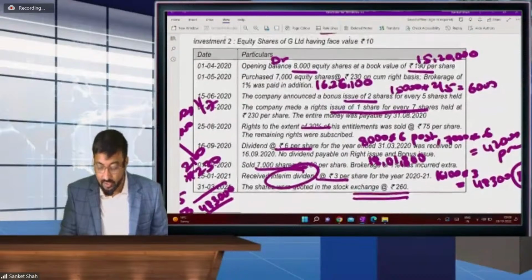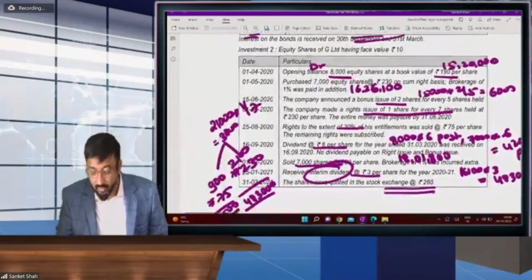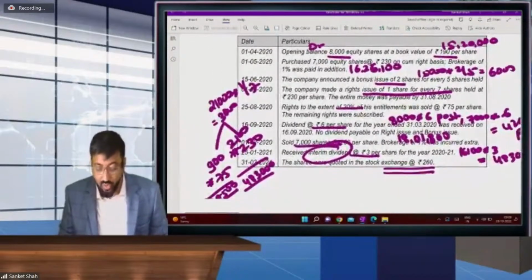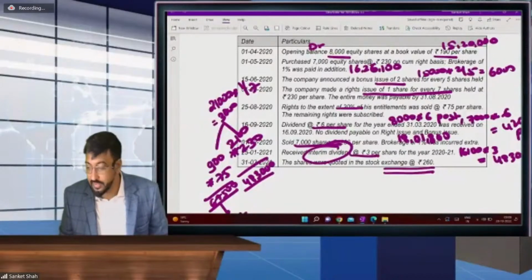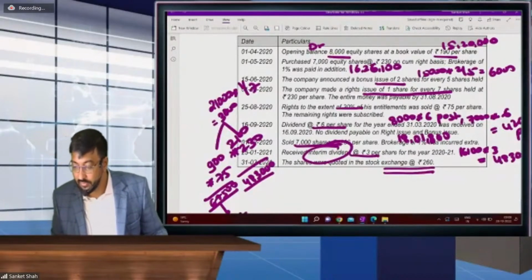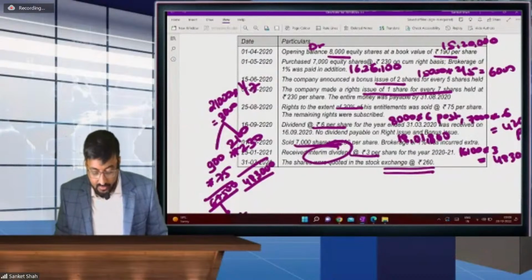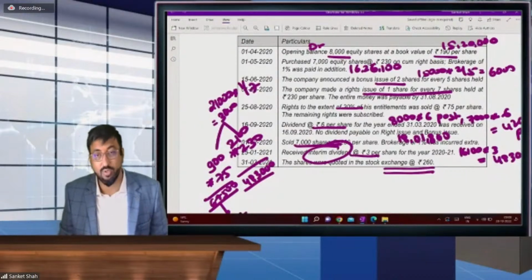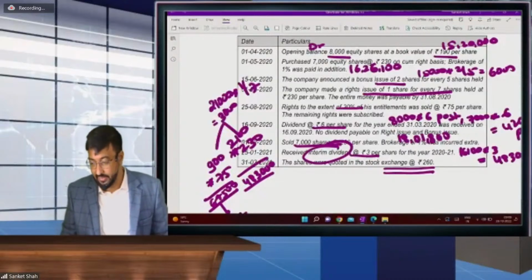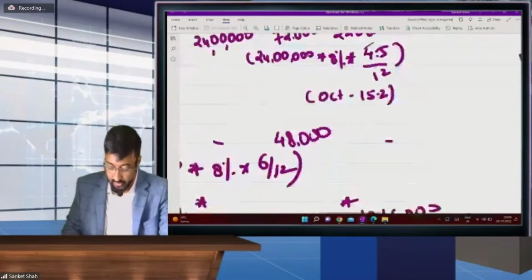Then right shares: now I have total 21,000 shares into 1 by 7. Out of this, 30% I sold, 67,500. And remaining I subscribed at 230. Then dividend pre-acquisition and post-acquisition, a very important concept. Sold, then interim dividend and then closing balance. So let's solve now.